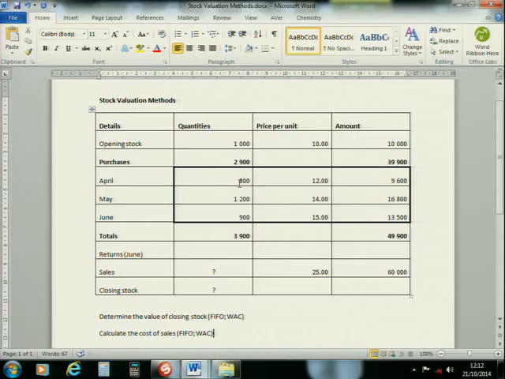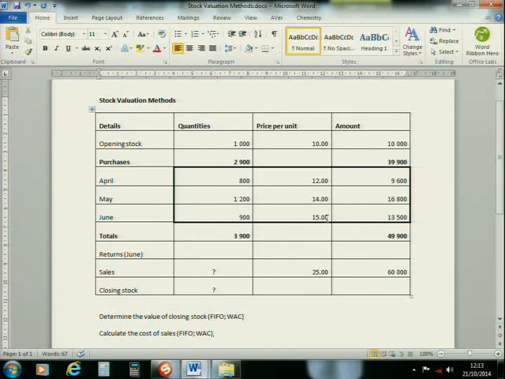How many units of stock are you left with? You're left with 600 plus 1,002 plus 900, which is 2,007. Right. And what will then be the value of that stock? It will be 600 times that, 1,002 times that, 900 times that, etc.